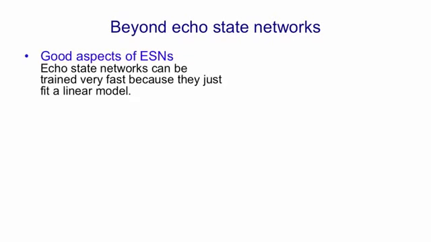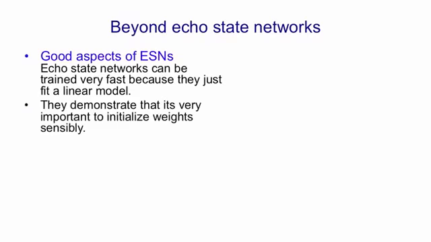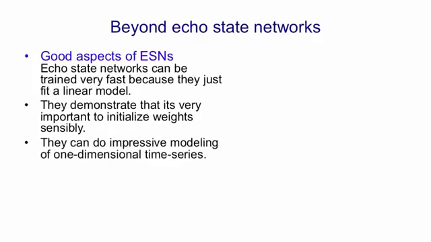There are some very good aspects of echo state networks. They can be trained very fast because they're just fitting a linear model. They also demonstrate how important it is to initialize the hidden to hidden weights sensibly. And they can do quite impressive modelling of one-dimensional time series. That's where they excel. They can look at a time series for a while and then predict it very well a long time into the future.